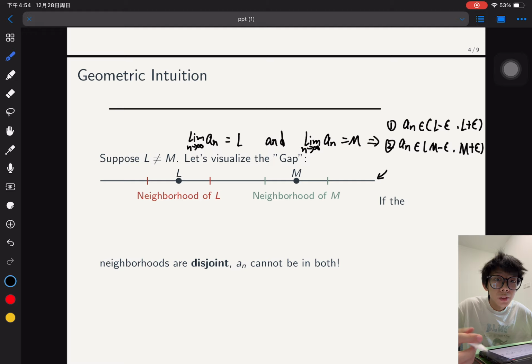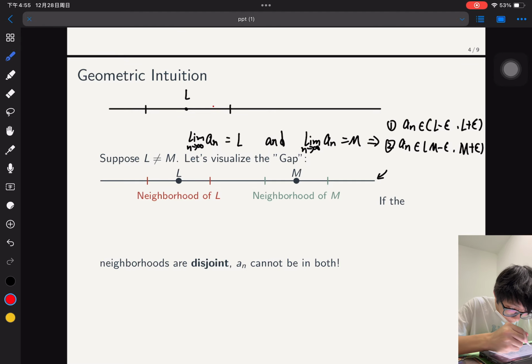But why should we find disjoint neighborhoods of L and M? Let's talk about that. If we choose epsilon large enough, the neighborhoods of L and M overlap. We draw the neighborhood of L like this, and the neighborhood of M is there.